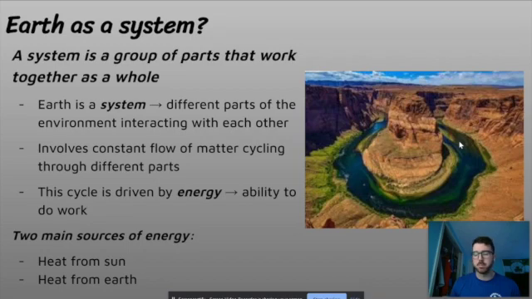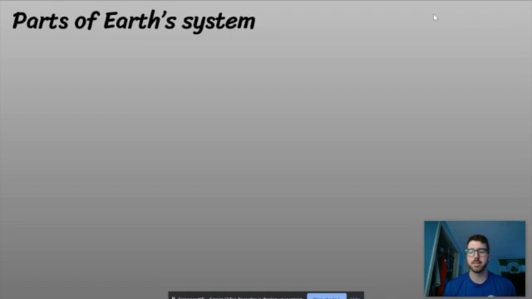I'm sure you have all discussed the water cycle. Weather is produced from that process. It rains onto maybe a rock formation like this, and over time eats away at that rock. That's an example of two Earth systems interacting with each other, driven by energy from the sun.